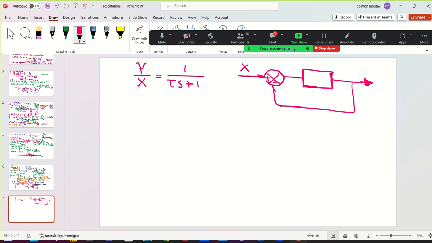I taught you 10 times. Open loop. So you have to find it from here. Open loop for unity feedback is G over 1 plus G. I'm skipping the math, please do it at home. G is going to be 1 over tau s. So here you have to put, even in Simulink, 1 over tau s.